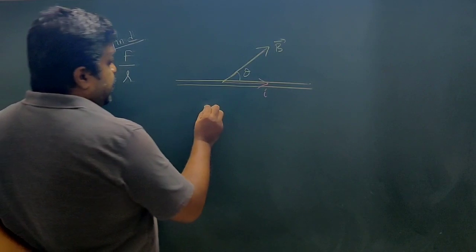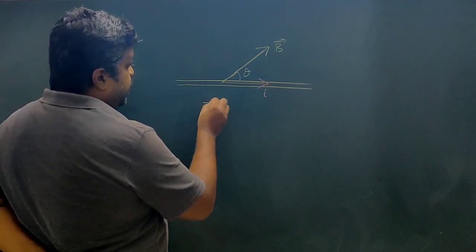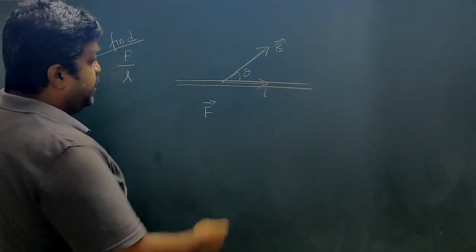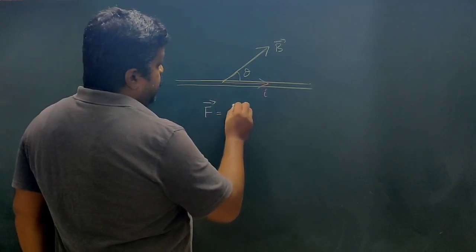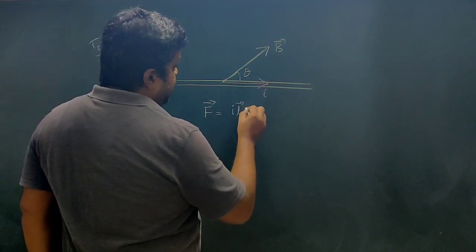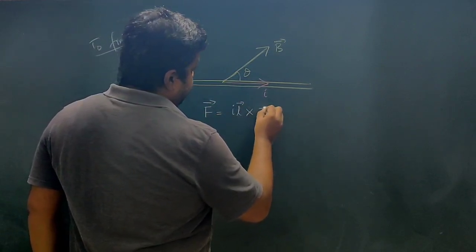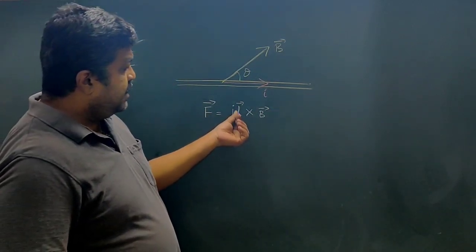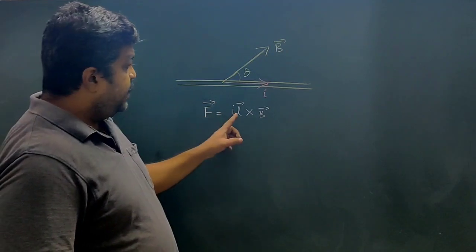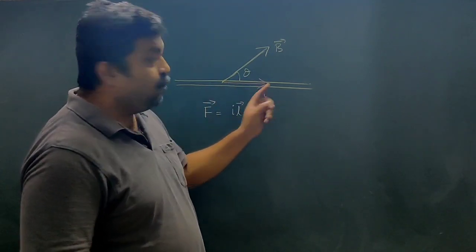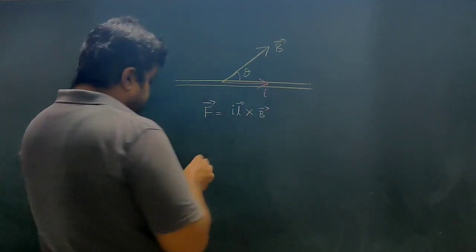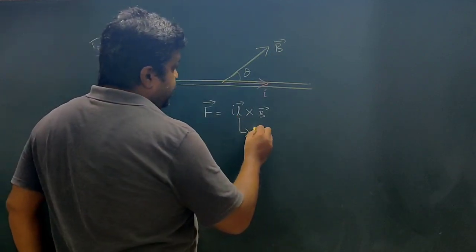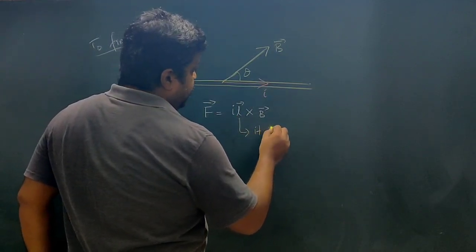Now the expression for force on a current carrying conductor is F equal to IL cross B. I told you this length is a vector quantity and its direction is in the direction of flow of current.